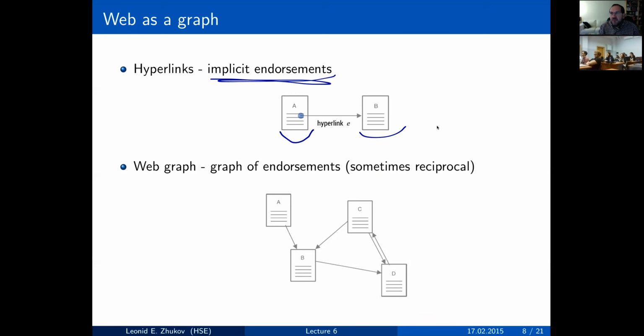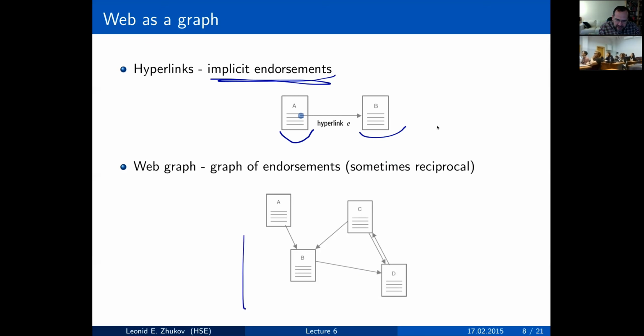And so when people point URLs from their web pages to web pages of other people, they implicitly endorse those people. So pretty much the web graph is the graph of endorsements.